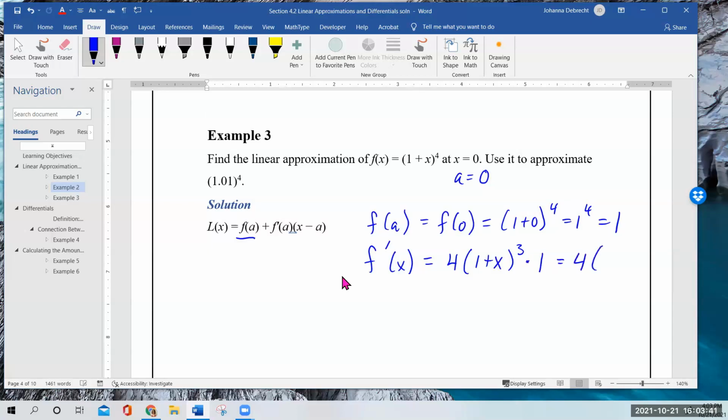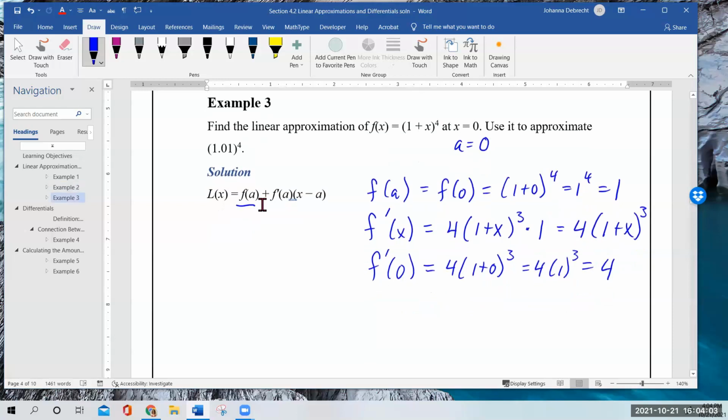This gives us 4 times the quantity 1 plus x raised to the 3rd. When I plug in the value of a, which is 0, I get 4 times 1 plus 0 raised to the 3rd, which is 4 times 1 raised to the 3rd, or just 4. Now I can put this into the linear approximation function, which is really just the tangent line at the point 0.